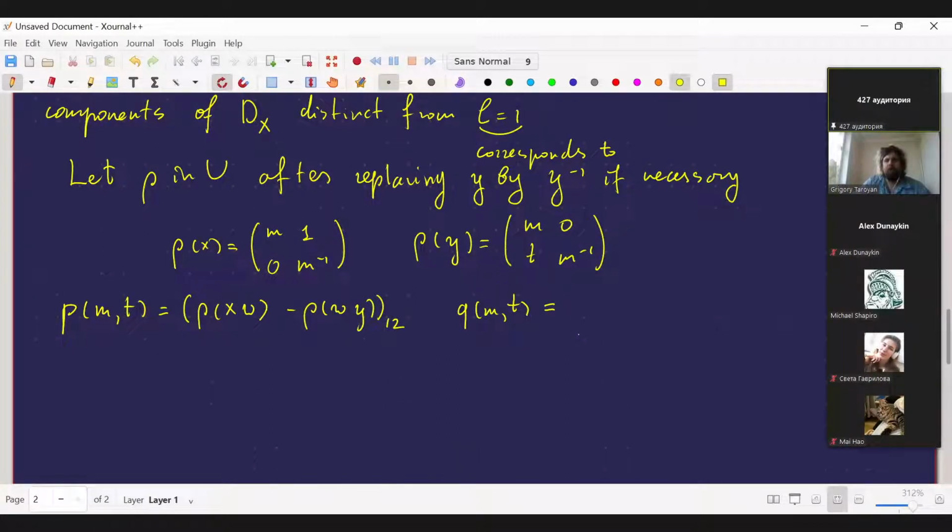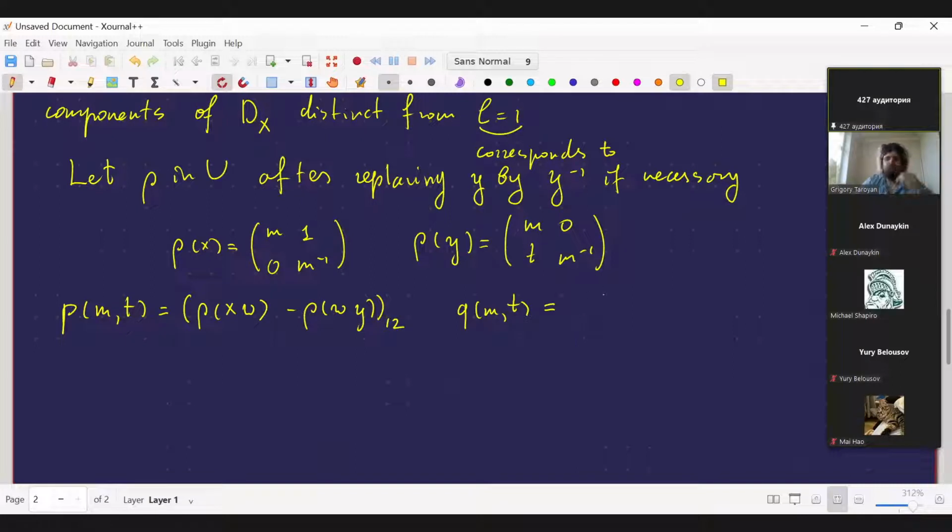You discussed how to choose rho such that x and y both are represented as upper triangular, and now one is upper triangular, one is lower triangular. Is it on purpose or is it a mistake? No, it's on purpose. I intended to write it like this. But we still can choose presentations such that x and y look like that, right? Yes.